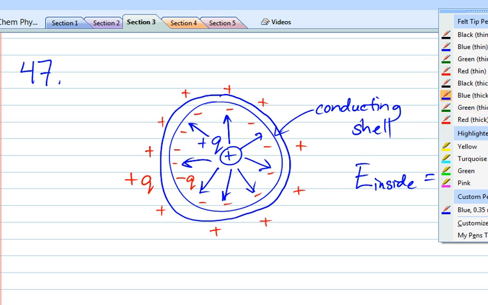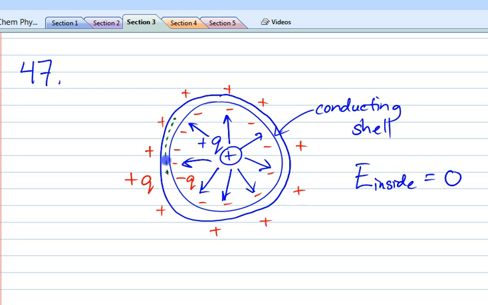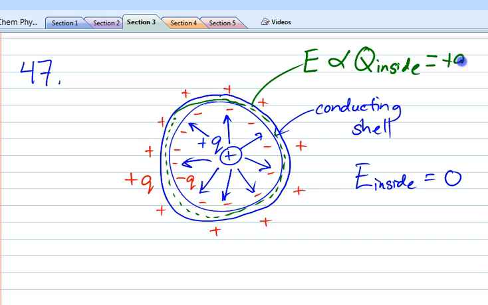Now, one more way to see this is to put an imaginary dotted line inside of this. If you remember what we talked about with shielding, we said that this electric field depends on the total charge inside of that circle. And if I look at that, it looks like plus Q and minus Q: plus Q from this guy in the center, minus Q from all the guys on the inside surface, and it looks like the total charge I have going out to this green circle is 0.